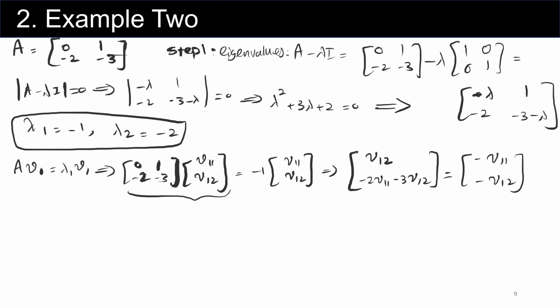Now we bring this to the other side. So we have v1,2 plus v1,1 is equal to 0.